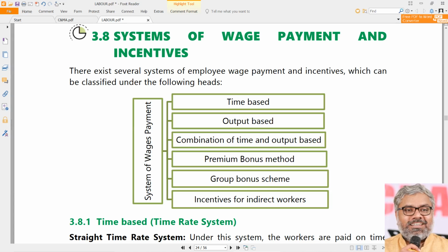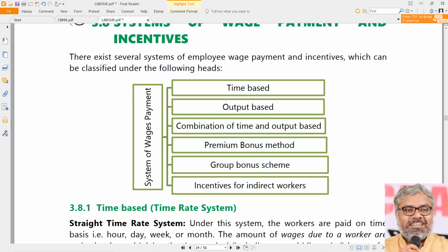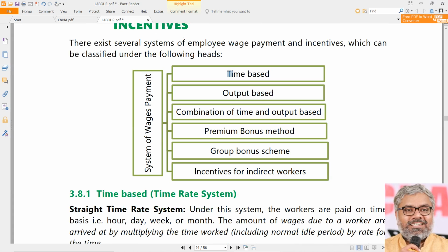Now coming to the core aspect of this chapter, that is wage payment and incentive payment systems. There are many types of systems of payment. You can broadly go through them one by one. Some systems are time based, as the name indicates, depending upon how much time the worker has actually worked. There will be a wage rate fixed, in other words wage rate per hour.